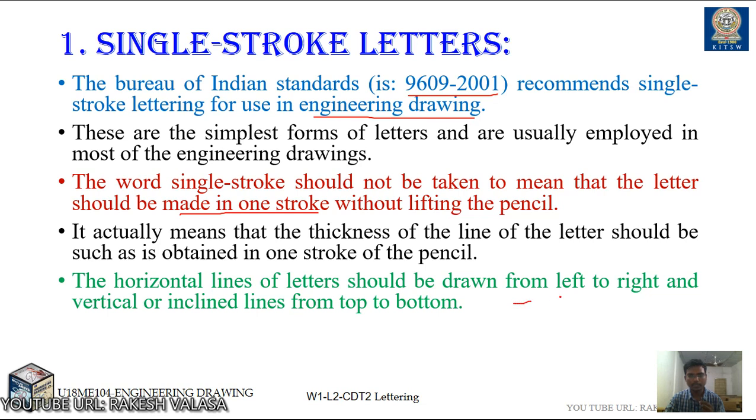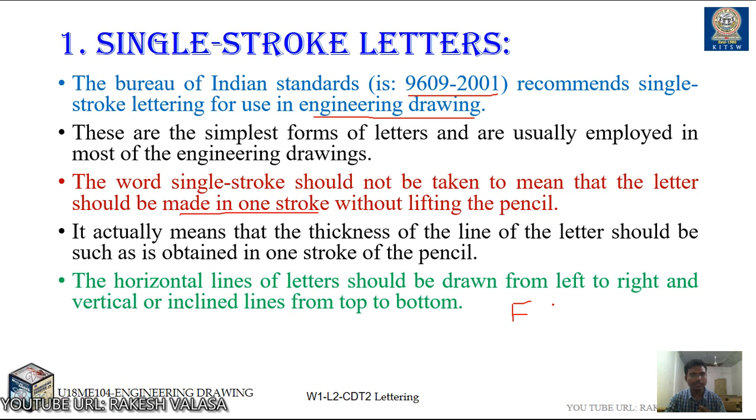I am going to print the letter F. The horizontal lines should be drawn from left to right and vertical or inclined lines from top to bottom. F: left to right, this horizontal line; this vertical line is top to bottom; again this middle line left to right. This is the procedure to print single stroke letters on a drawing sheet.